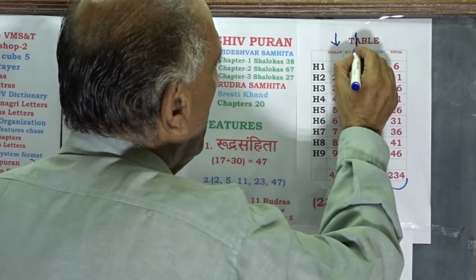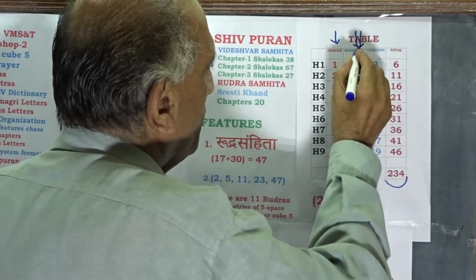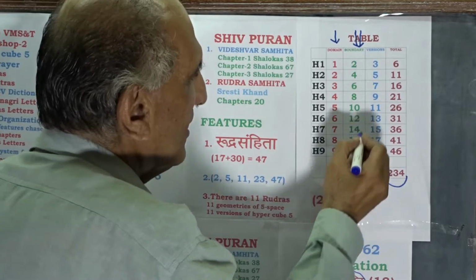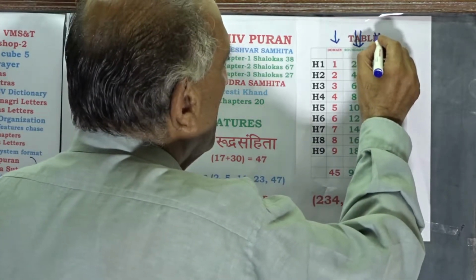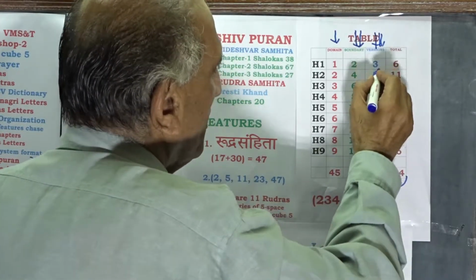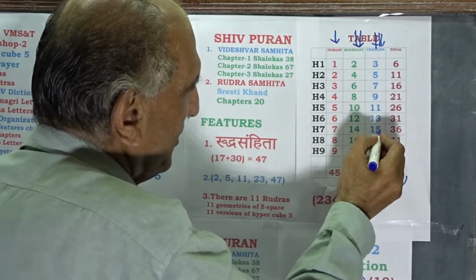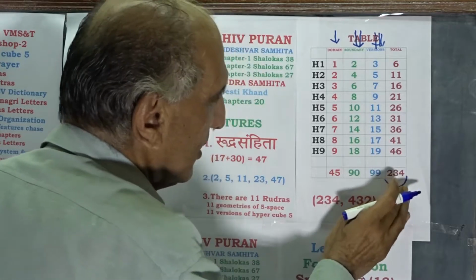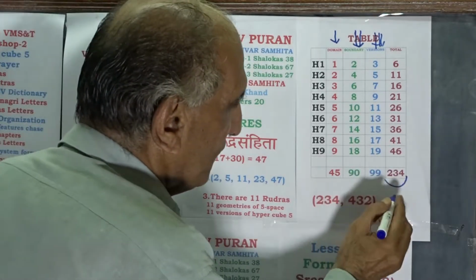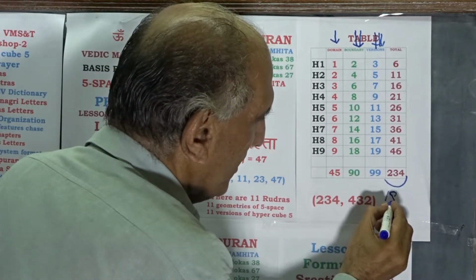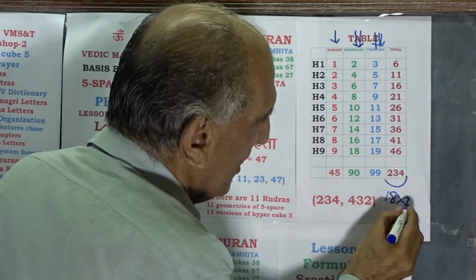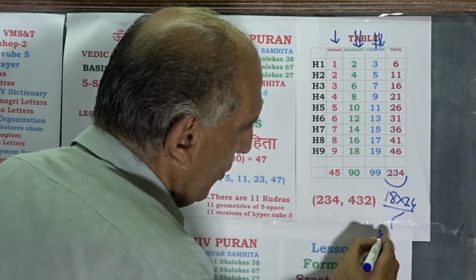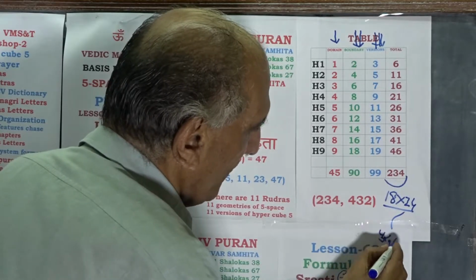The boundary of these hypercubes are of 2, 4, 6, 8, 10, 12, 14, 16, 18, and the versions of these hypercubes are 3, 5, 7, 9, 11, 13, 15, 17, 19, and the grand total gives us 234. This 234 is equal to 18 into 13. Therefore, it is this creation feature, and 24 we know is the TCV value of a Purusha.